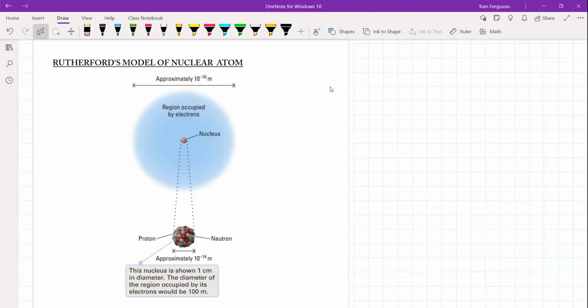And see, Rutherford had a real hard time selling this idea because everyone goes, how can this be? How can we form things out of nothing? And this is over 100 years ago. So there's a lot of people saying, ah, that's BS, that doesn't make sense.